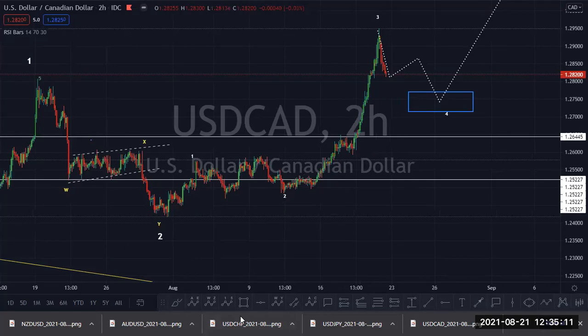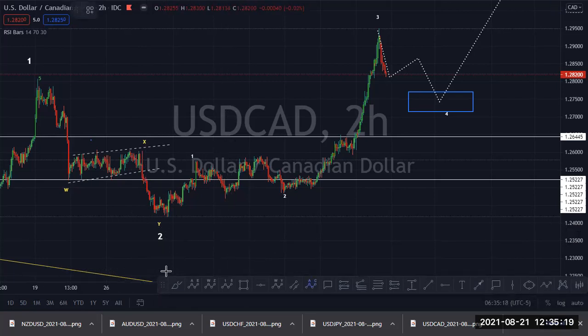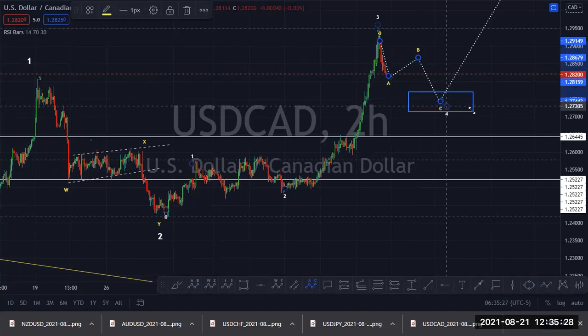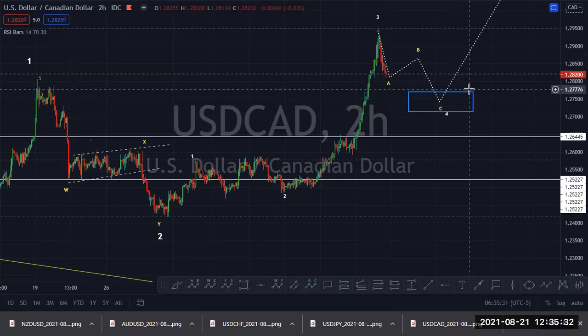I hope you know, not all setups are good to trade. If I get a nice B, then I will sell before I buy.